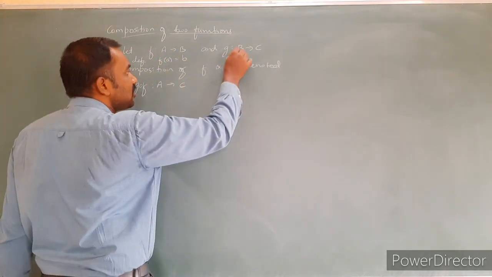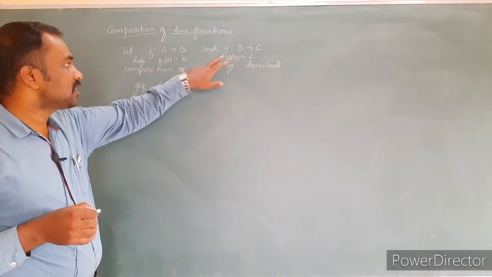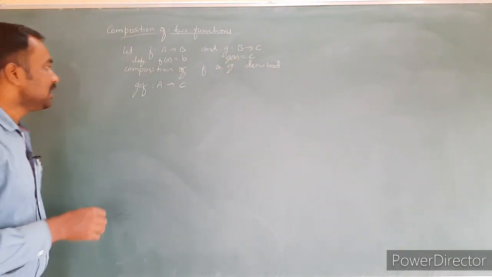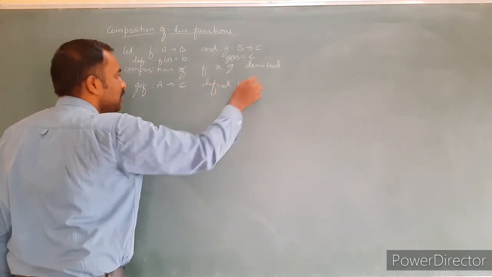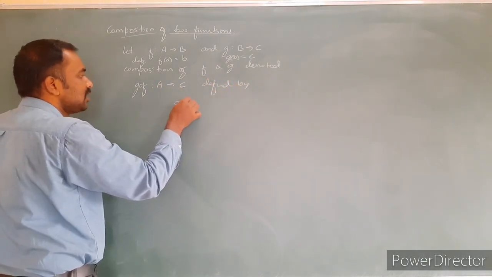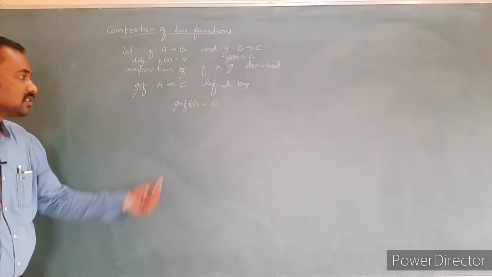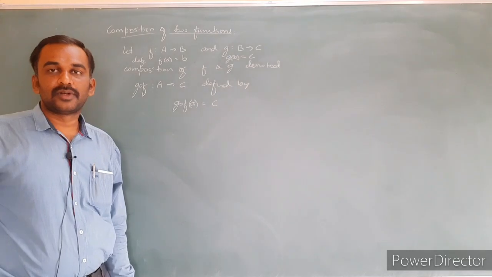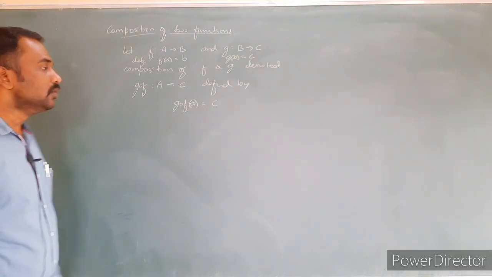Similarly, g of b is equal to c, the image of b under the function g is c. Here it is defined by g circle f of a is equal to c. This is the definition of the composition of two functions.